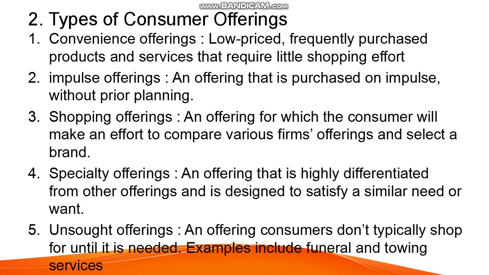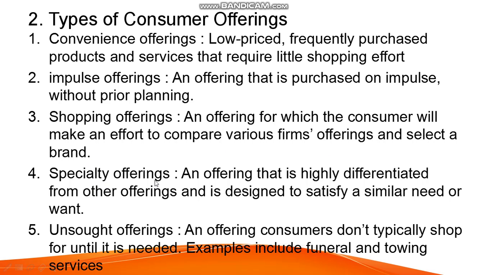This is the type of consumer offering. Number 1 is convenience offering. It means low price, frequently purchased products or services that require little shopping effort. Number 2 is impulse offering, an offering that is purchased on impulse without prior planning. Number 3, shopping offering, means an offering for which the consumer will make an effort to compare various offerings and select a brand.